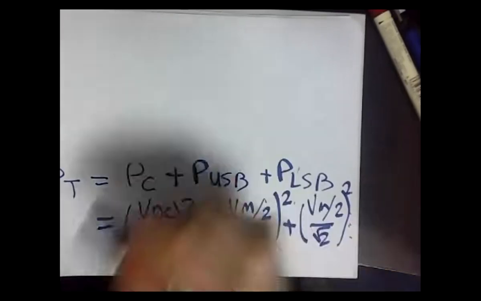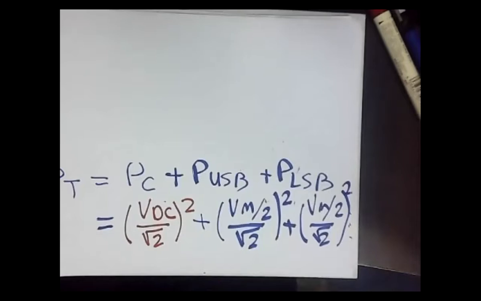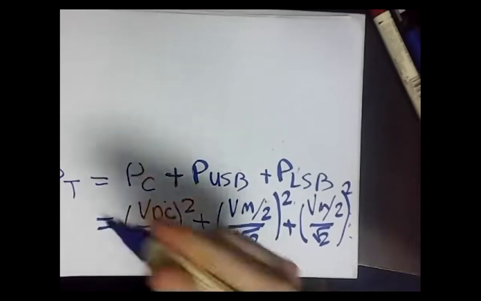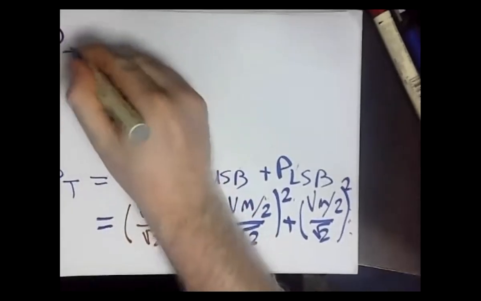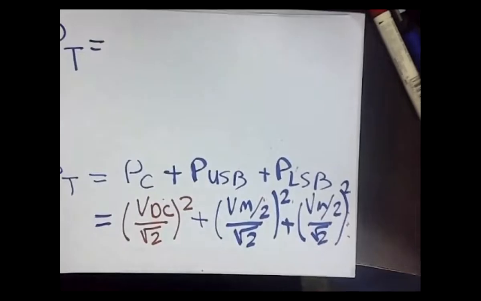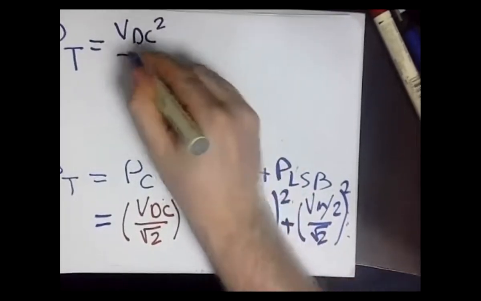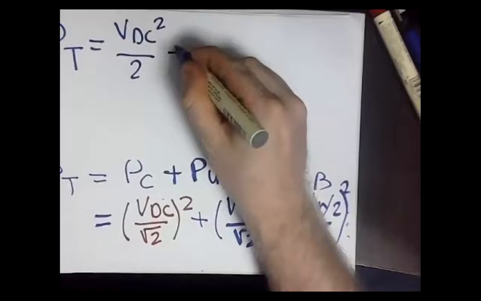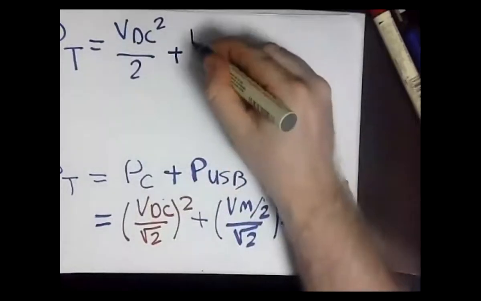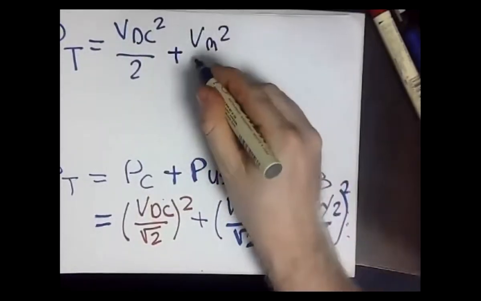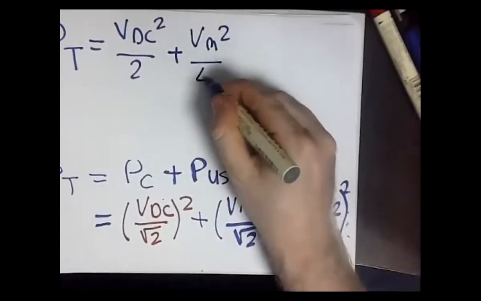So if you return now and you would like to make the equation simpler, you will say this PT is equal to VDC squared over 2 plus VM squared over 4.